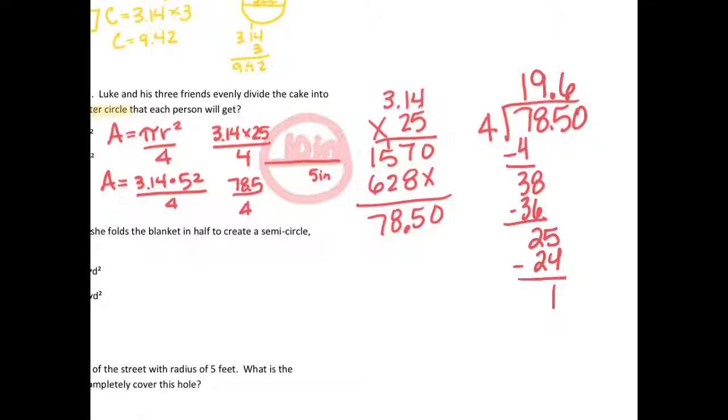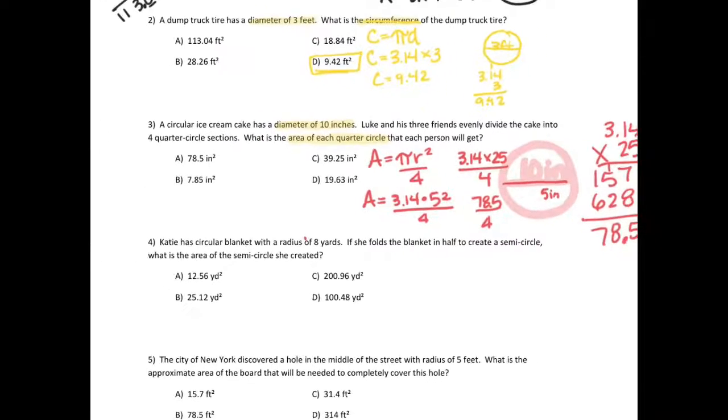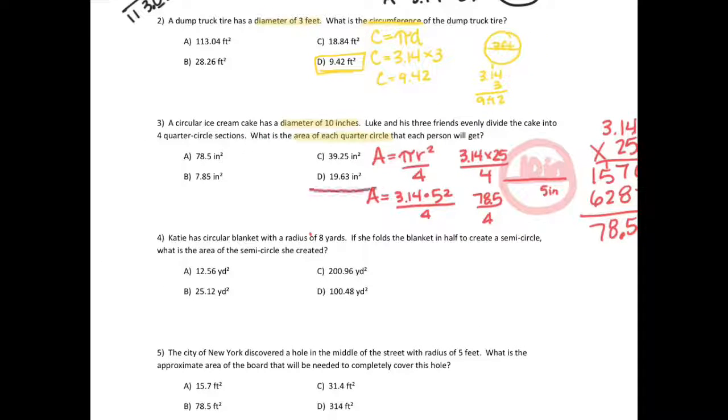And then I'm going to add a 0 and drop it down. It's going to go in there 2 times. And this should be our last round. And it goes into 25 times. And then it's out. So we got 19.625 is what I'm looking for. I look over here, it rounded to the nearest tenth, and it got 19.63.